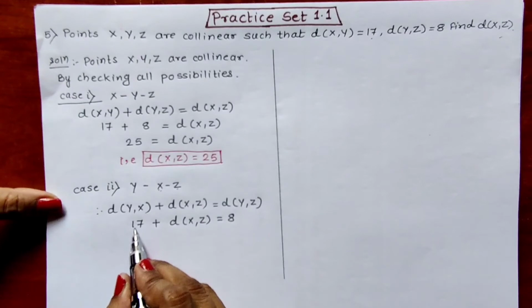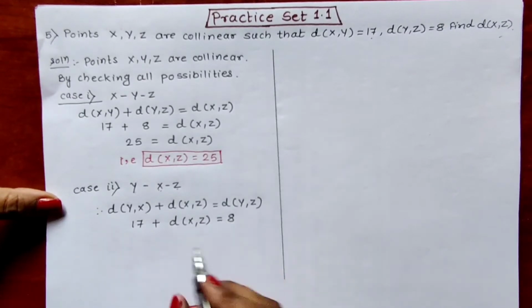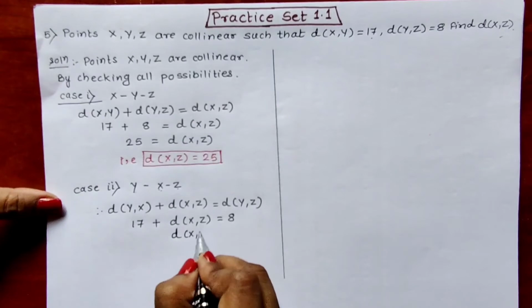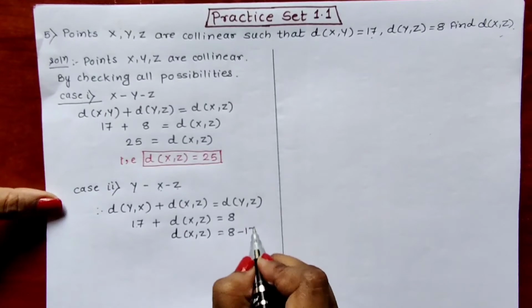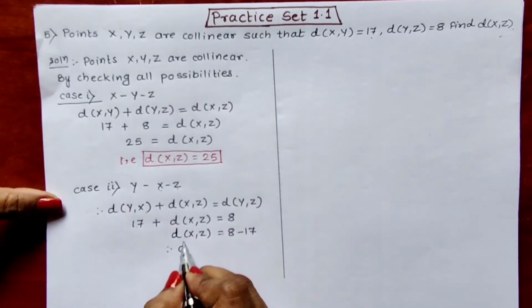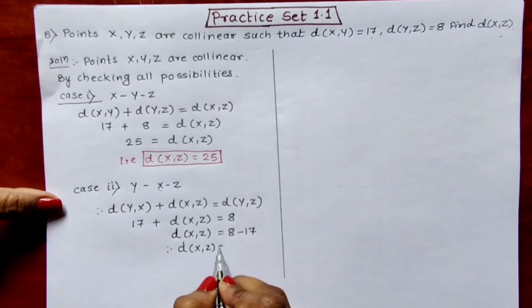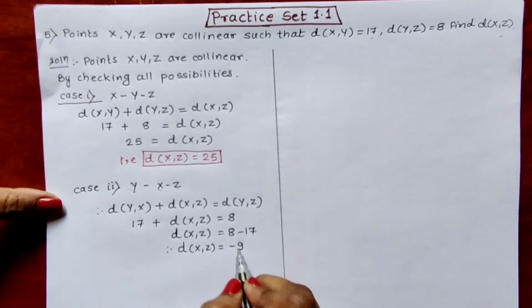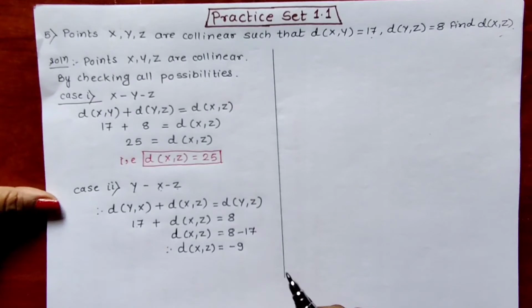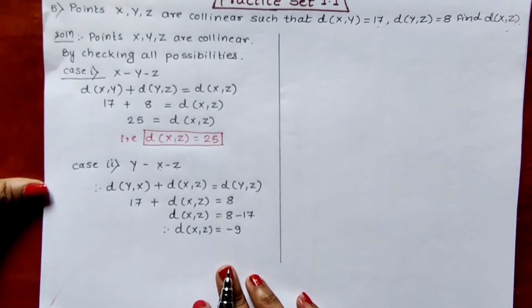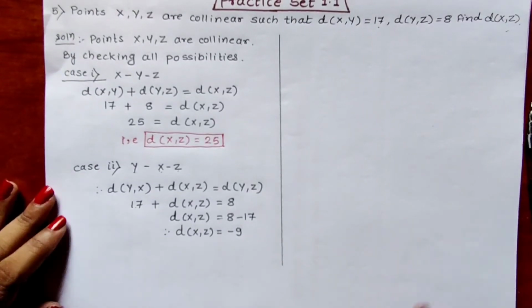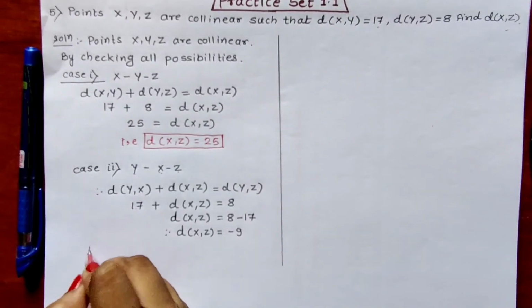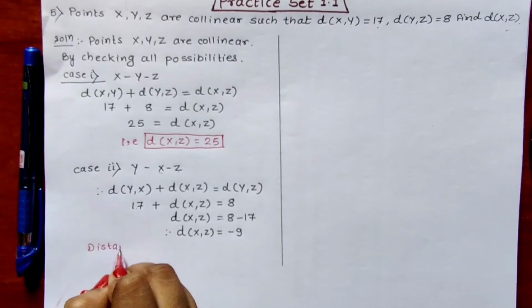Now we will transfer this plus 17 from left hand side to the right hand side of the equation. Distance XZ we write as it is, equal to 8 as it is. Plus 17 will become minus 17. And therefore distance XZ will be equal to minus 9. Plus 8 minus 17 will be minus 9. Now we are getting a negative answer. The distance is never negative. We all know that. So we have to write here: distance cannot be negative. Distance is never negative.